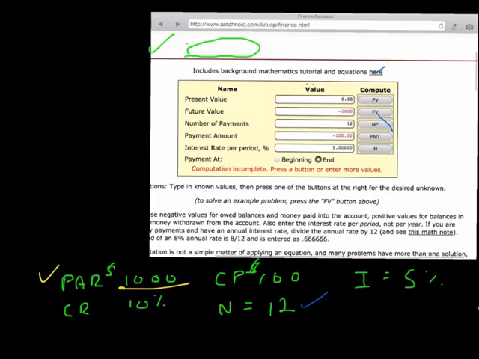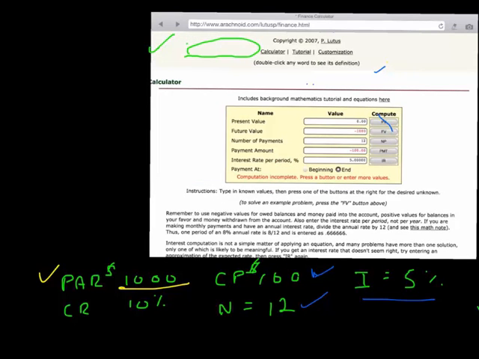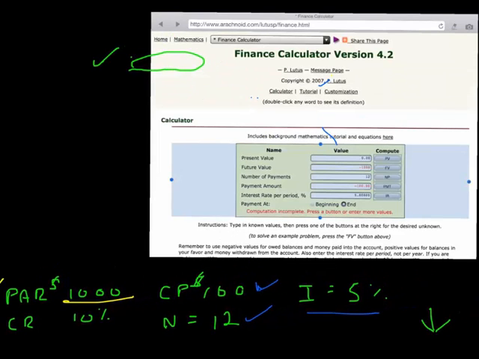So we got our number of payments of 12, our payment amount, which is 100, the number of periods left is 12, and the new interest rate right now is 5%. Looks good. Hit compute.